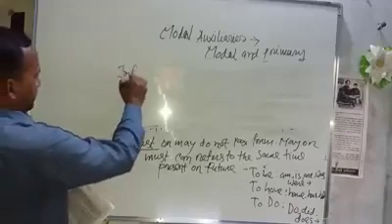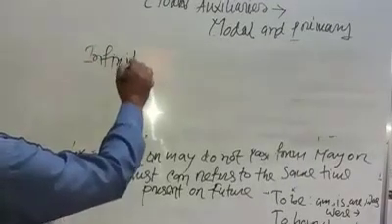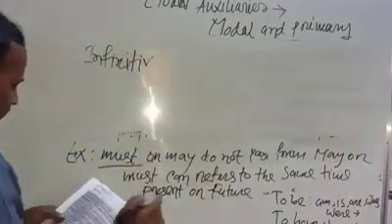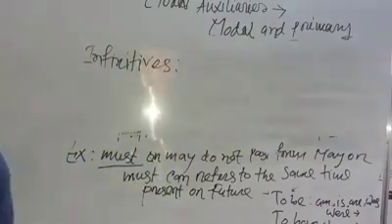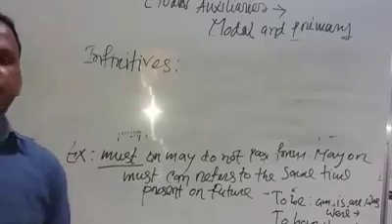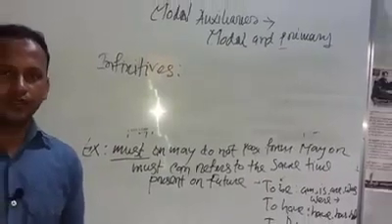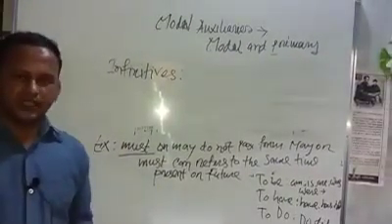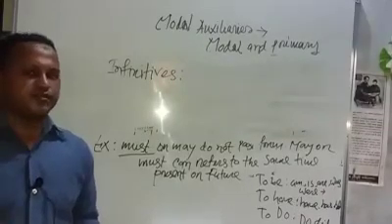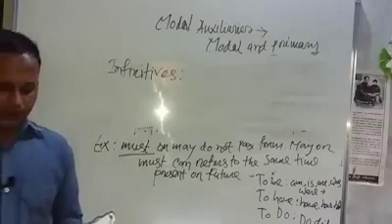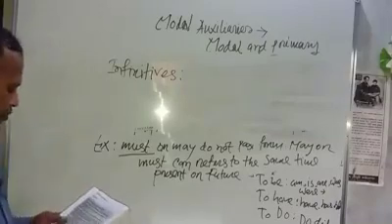You know that the primary auxiliaries refer to the infinitives. Primary auxiliary verbs such as to be, to have, to do have infinitives.